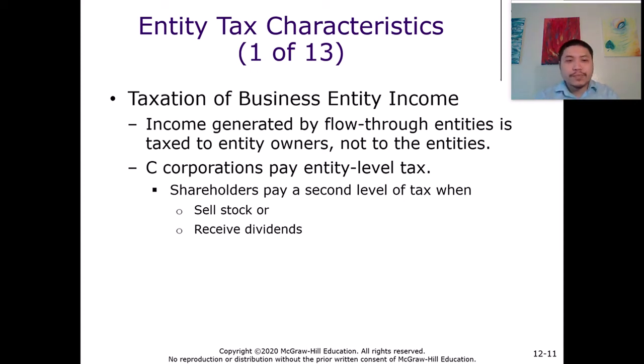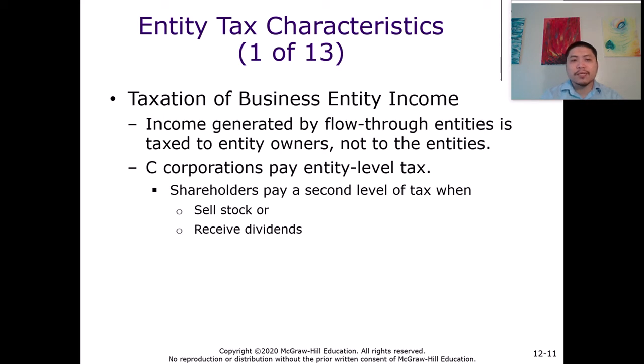Then the shareholders, after they receive the dividend or when they sell the stock, may have to pay tax on it, as we know. So this creates what they call double taxation.